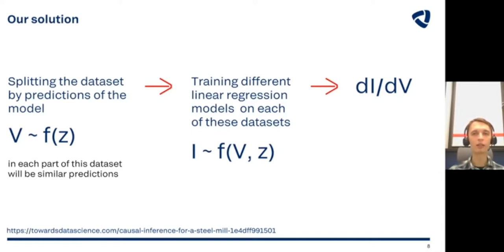And after that, you can train usual models of electric current as a function of velocity and other parameters.